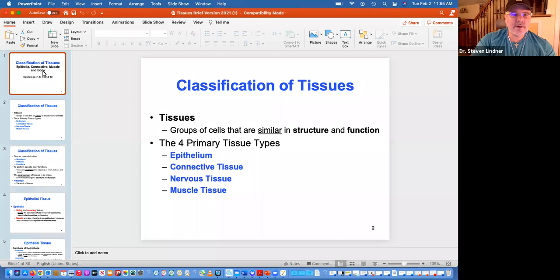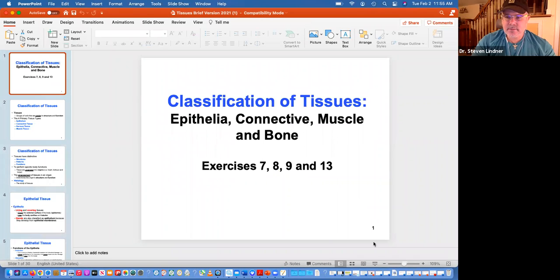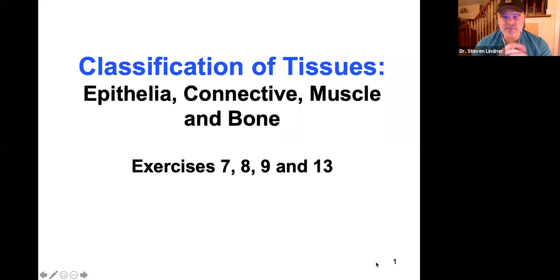All right, everyone. So we are going to start different types of tissue now. And when we look at tissues, there are going to be four types: epithelium, connective, muscle, and nerve. Look at that typo.